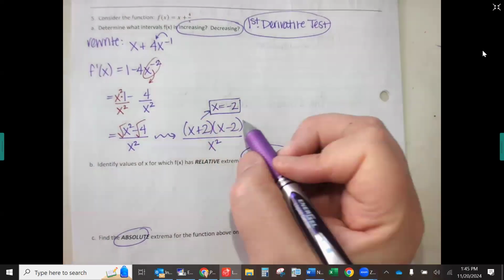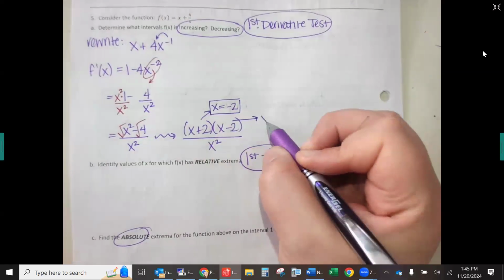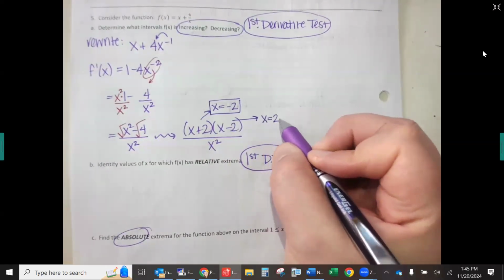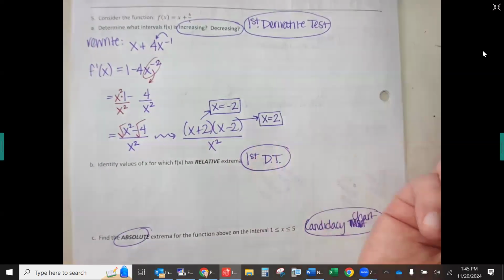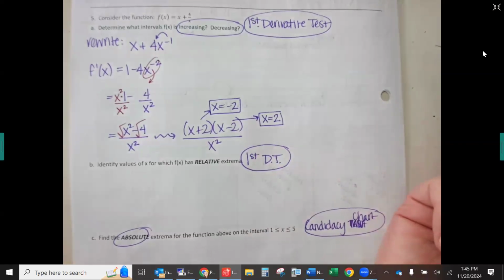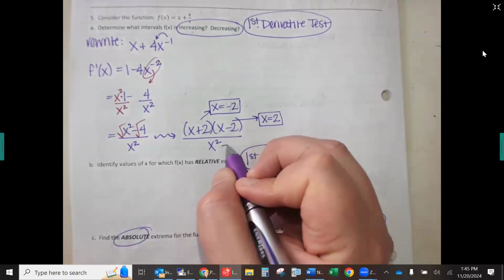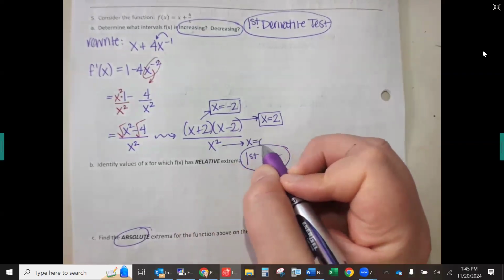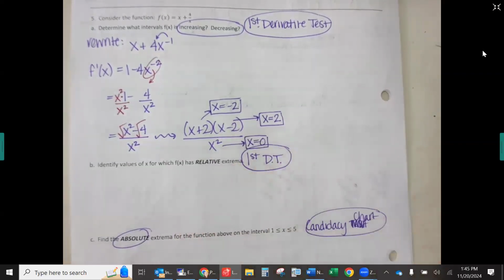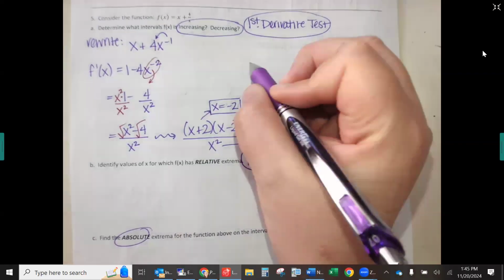I also have an x minus 2. What's that going to give me? +2. And then on the bottom, I have an x on the outside of a parentheses. What number does that one give me? 0. Very good. Okay, remember, anytime that your x is just kind of like on the outside, that counts, but it's going to give you a 0. So set up your number line.